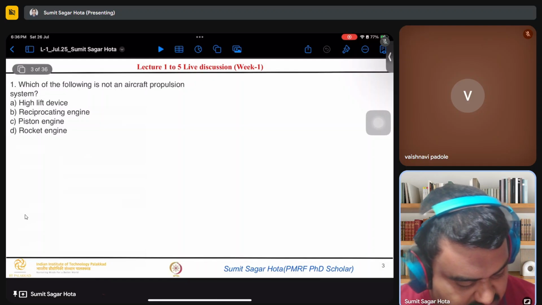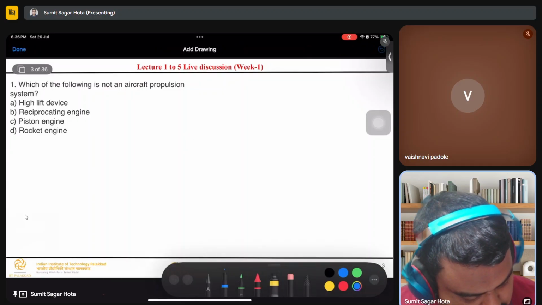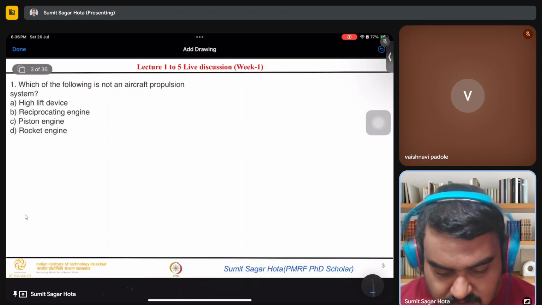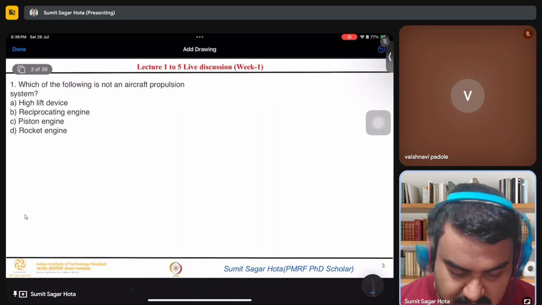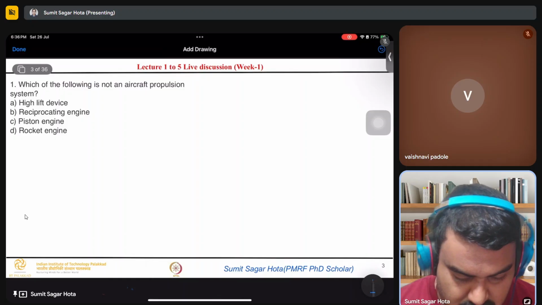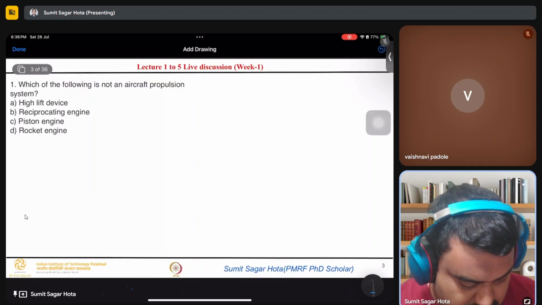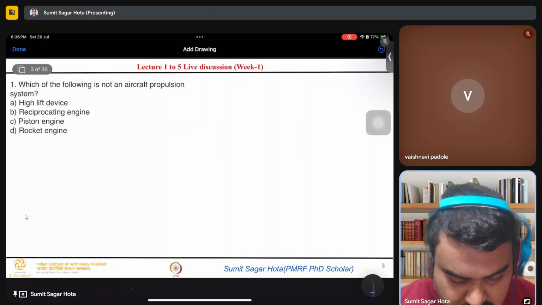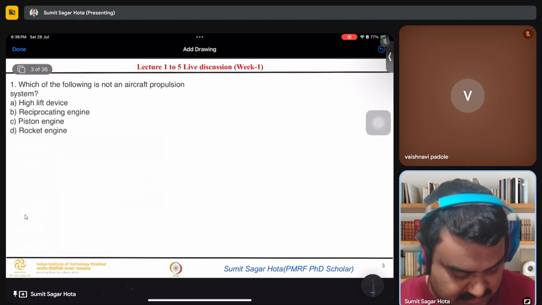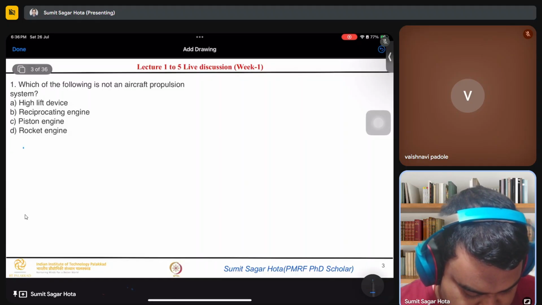Okay, so the first question. Which of the following is not an aircraft propulsion system? This is a very simple question.